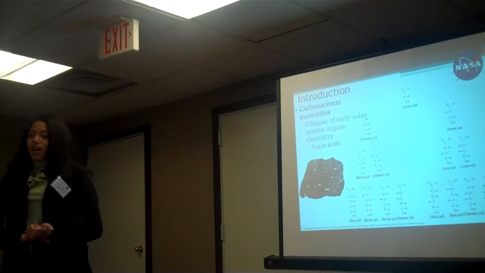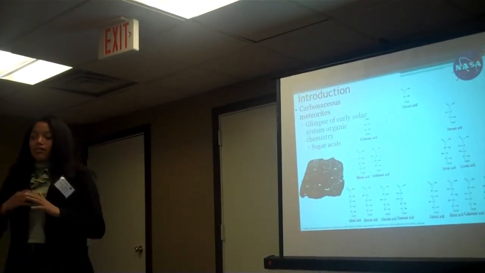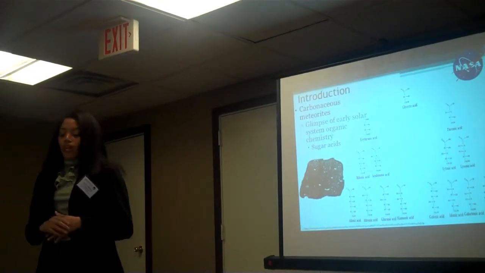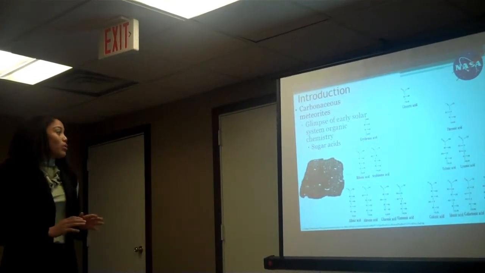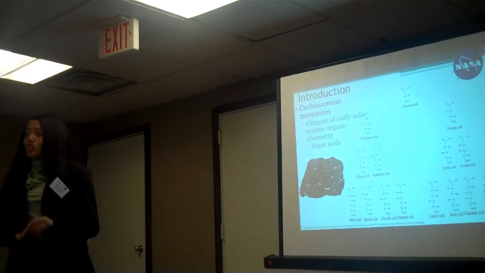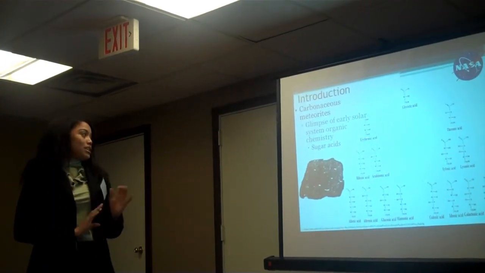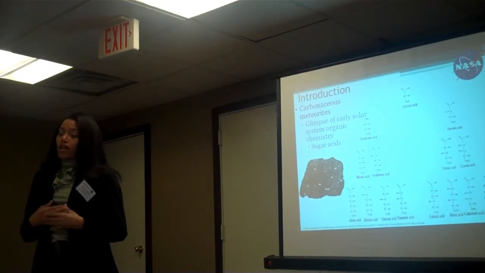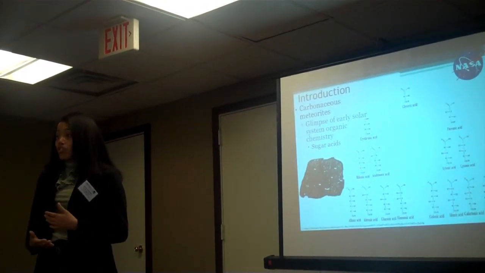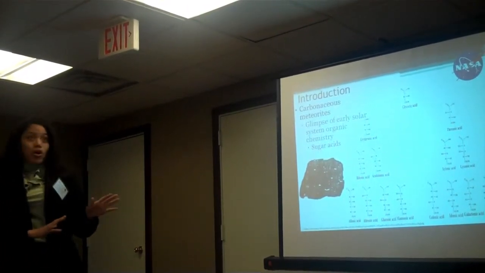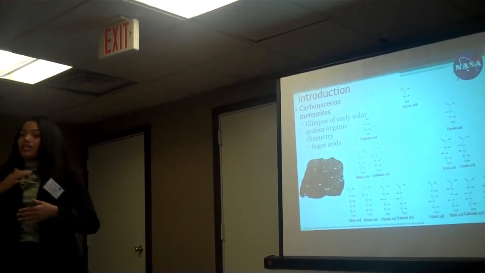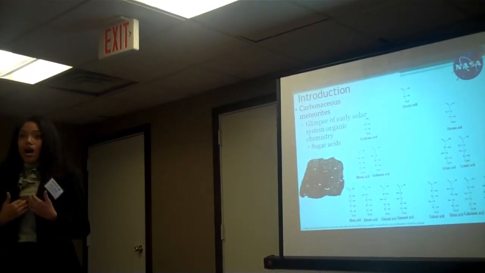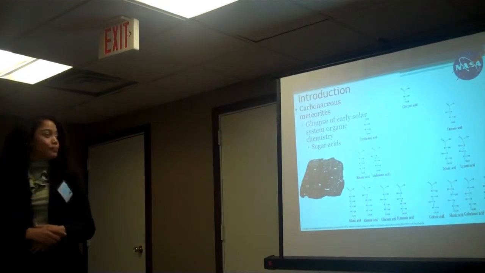Carbonaceous meteorites contain a glimpse of early solar system organic chemistry, and what we're looking at specifically are sugar acids. We're examining them for sugar acids because we believe sugars are important in life, and that's how we generate energy. So we want to know, how did that swap into our human development?